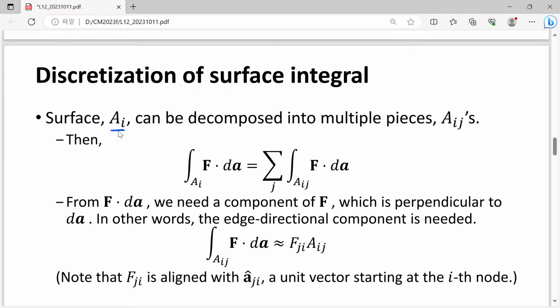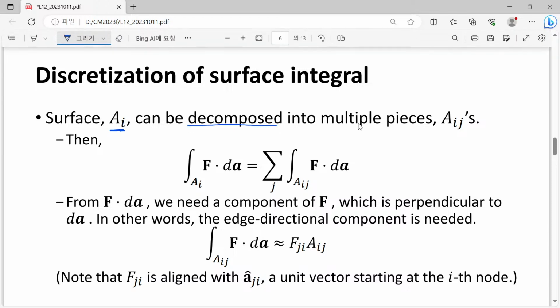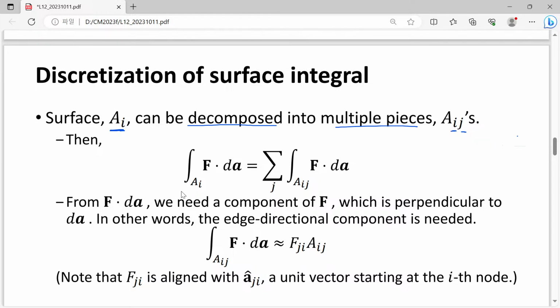Our surface A sub I can be decomposed into multiple pieces A sub ij. Please note that j is related to the neighboring, so surrounding, nodes. Therefore, once again we can decompose the surface integral over the whole surface into several pieces.